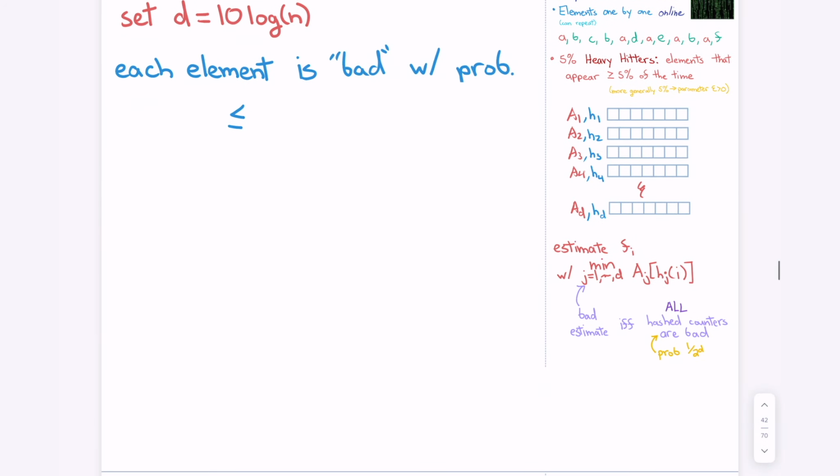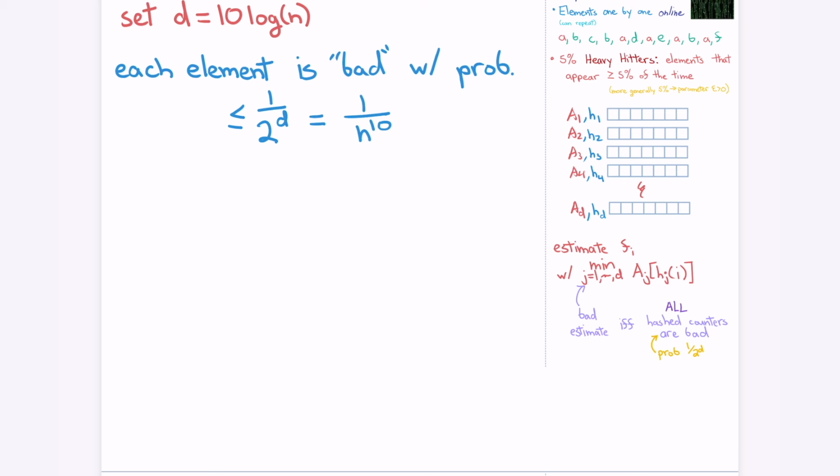Now if I choose d to be 10 log n, 1 over 2 to the d becomes 1 over n to the 10.